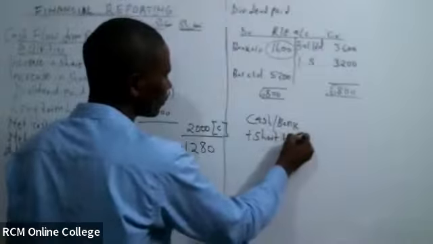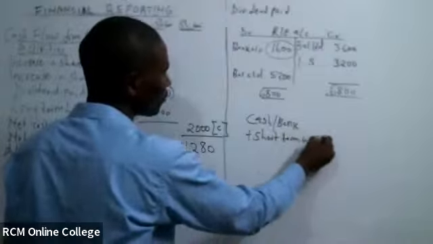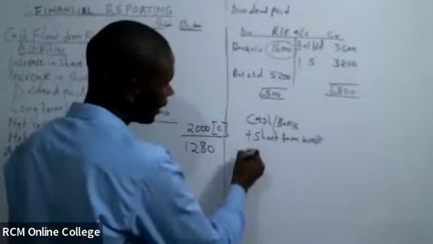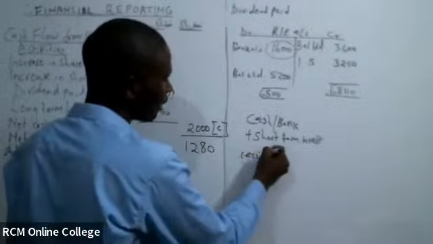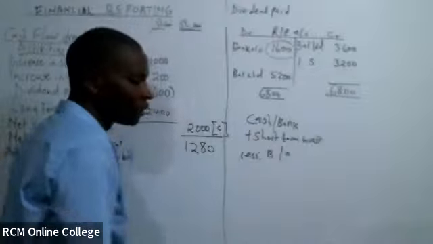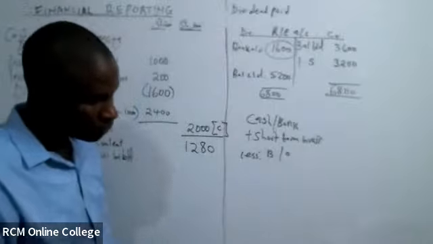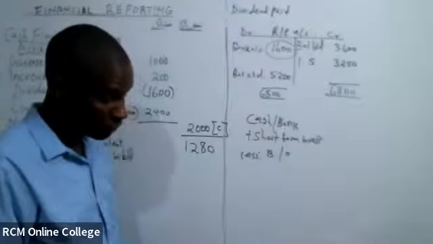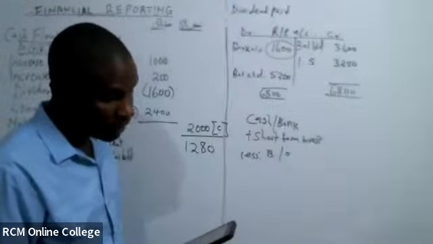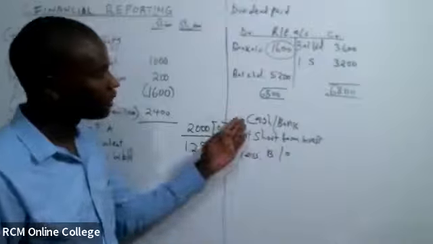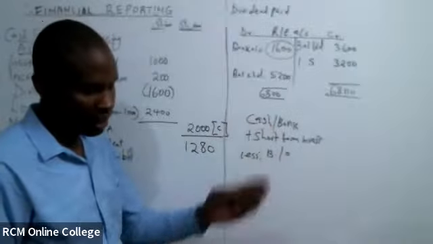After adding that, you less bank overdraft if there is one. So in the year 2020, what is our cash or bank balance? Do you have short term?